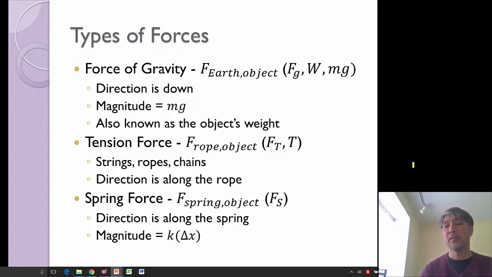This is a reactive force. So the only way we can calculate this, if it's not given, is by looking at the other forces and setting that equal to the acceleration of the system.